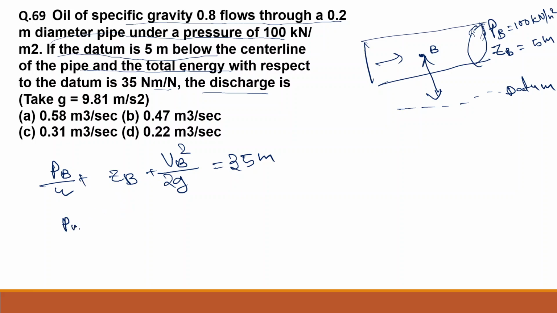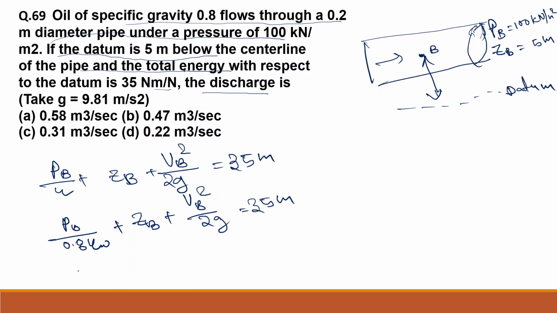After that we will be applying PB upon 0.8 gamma W plus ZB plus VB square upon 2G. VB square upon 2G is equal to 35 meter.